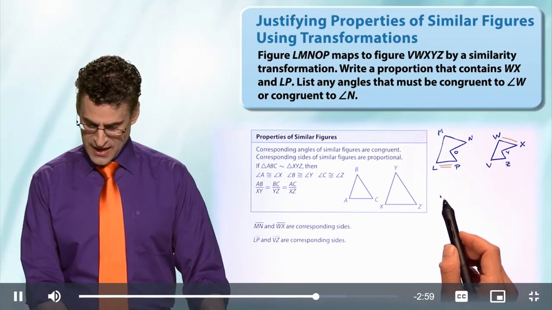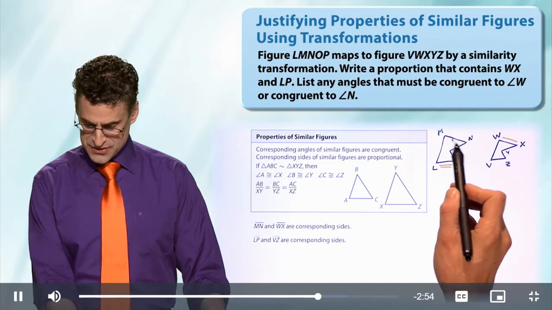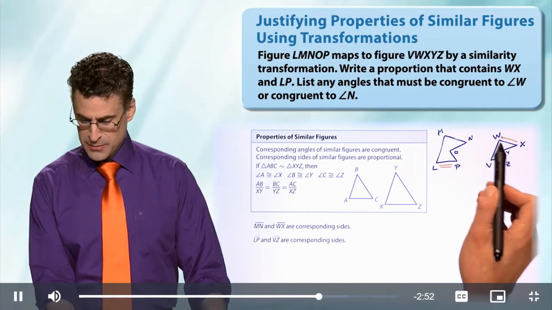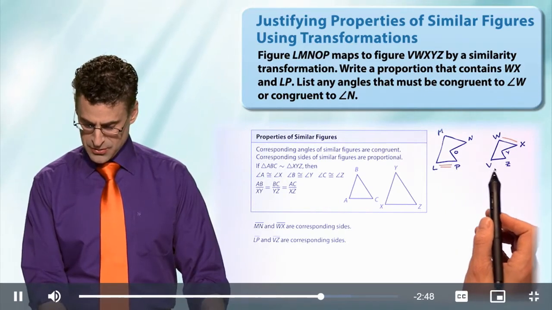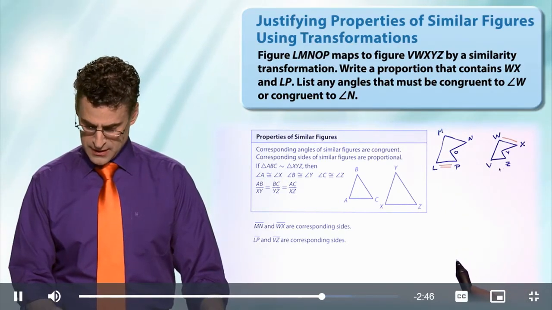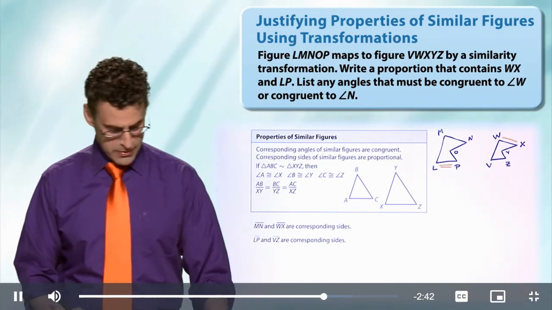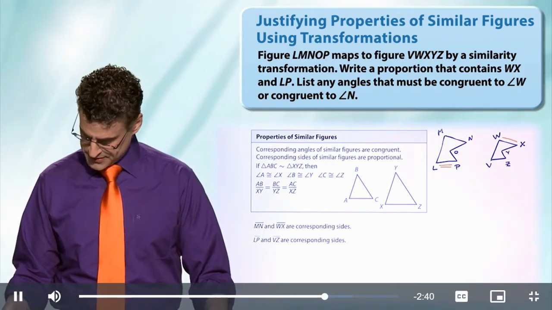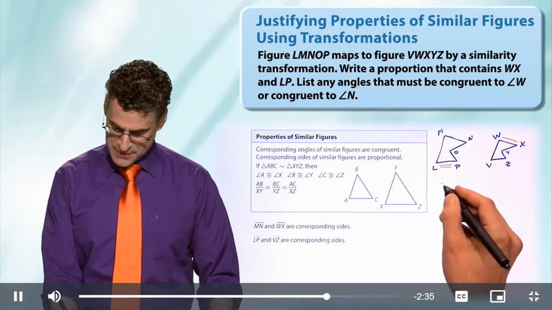I could say that this MN is to this WX as LP is to VZ. And so we are going to write that right now live so you can see it, because I don't want any typos. The best way to make sure there's no typos is to write it yourself.